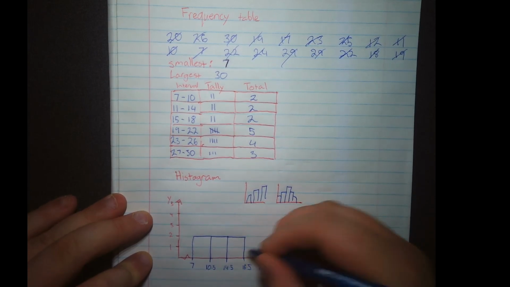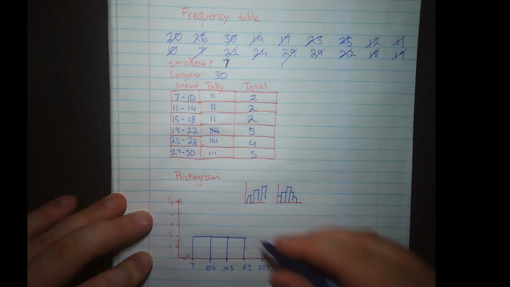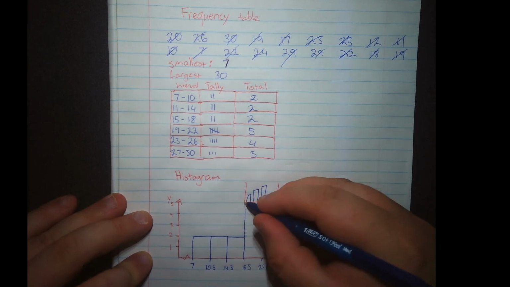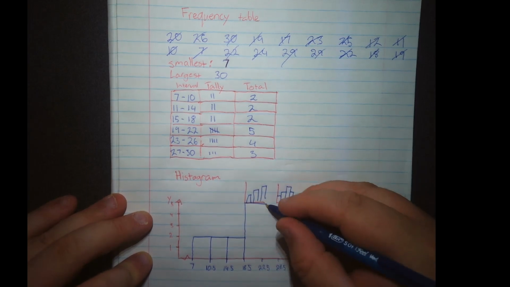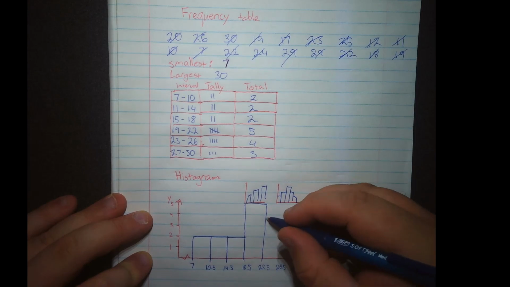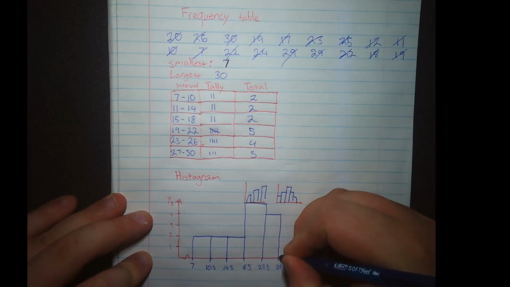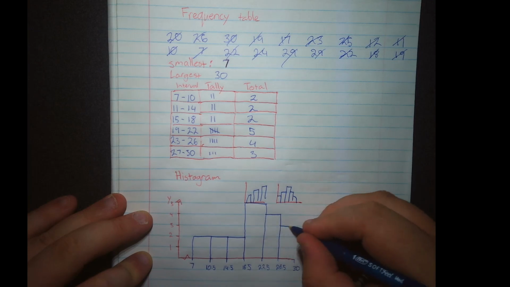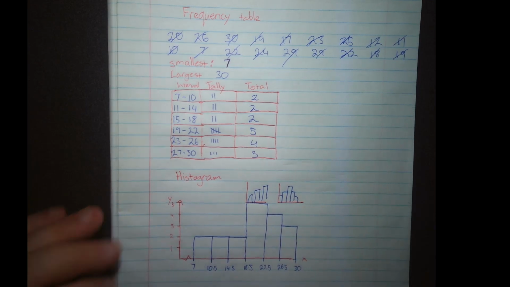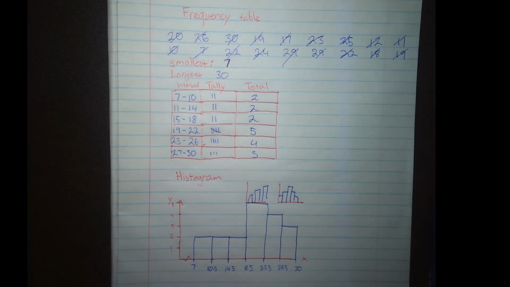Next one was 2. Then we had 5. Then we had 4. And then we had 3. So that's what our histogram looks like. Does that make sense? All right, I'll give you a second if you want to copy that down.